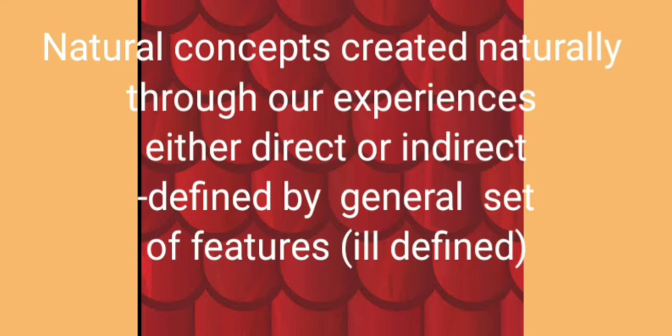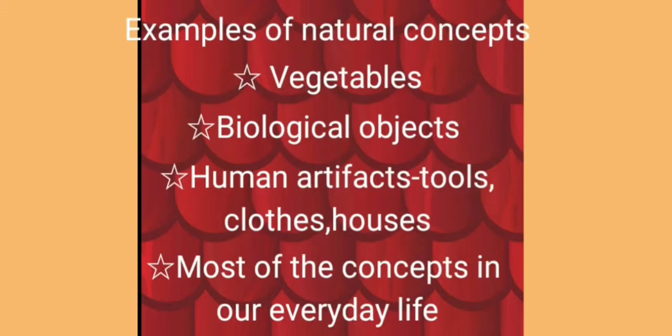An example of this can be the concept of a vegetable, which is a very natural concept. There are no rules or list of features that describe every single vegetable. So they are ill-defined and numerous features are included in such categories. Other examples of natural concepts can be biological concepts, real-world products, human artifacts such as tools, clothes, and houses.